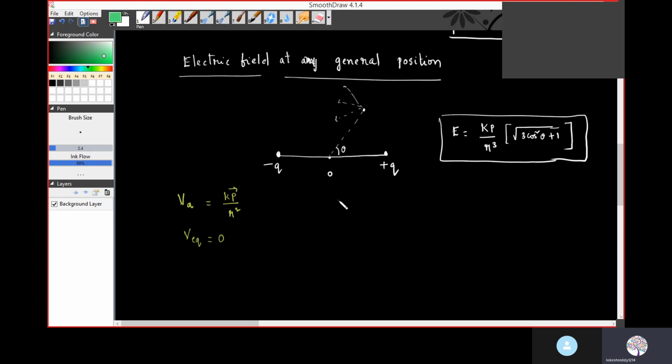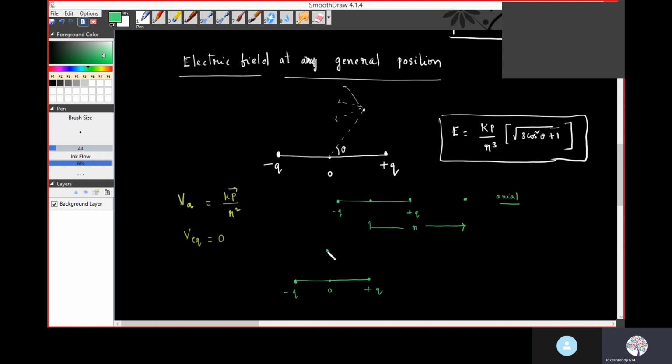In the axial position, we have minus q and plus q, the point is somewhere here, and the distance we are measuring from here is r. This is the axial position. In the equatorial position, we have minus q and plus q, and the potential is 0.